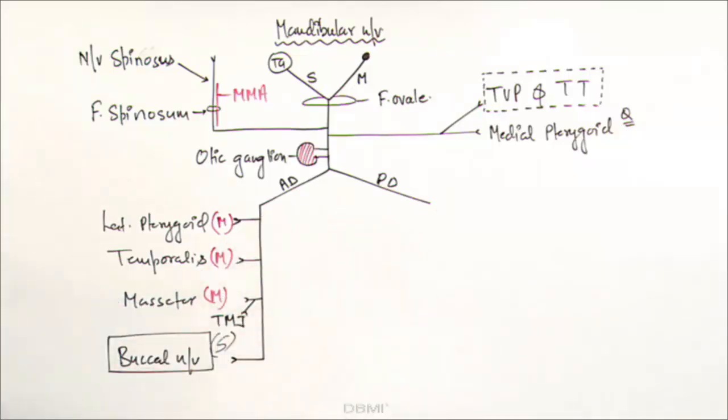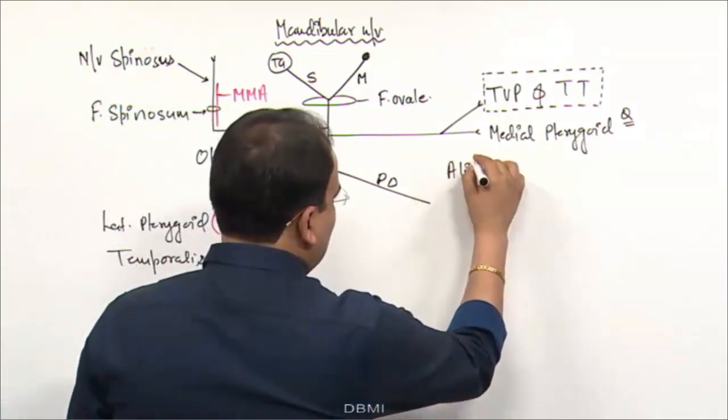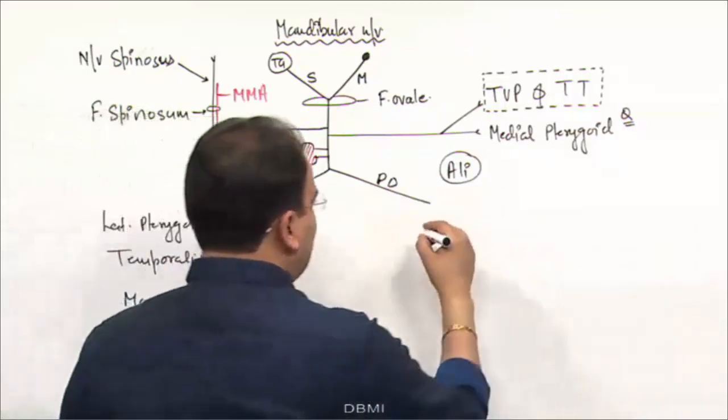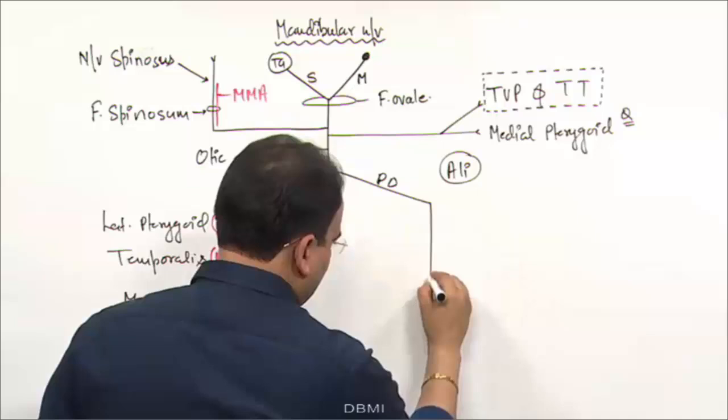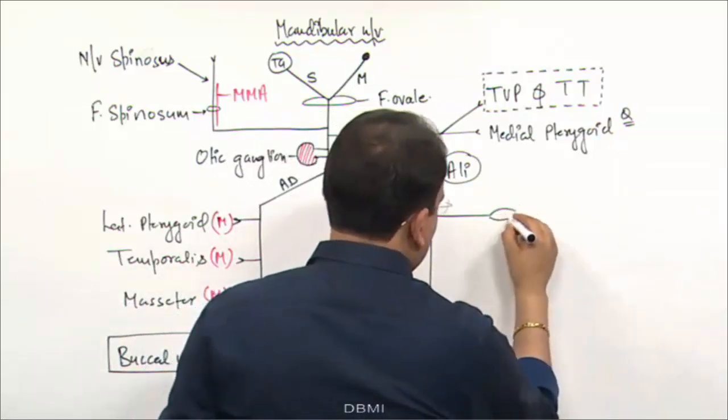Coming to the posterior division, you can remember this by the mnemonic ALI. A-L-I. A is for auriculotemporal nerve.